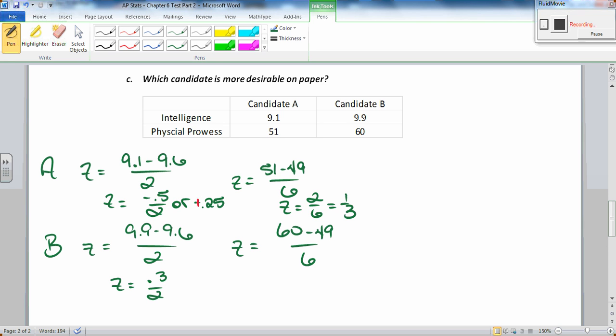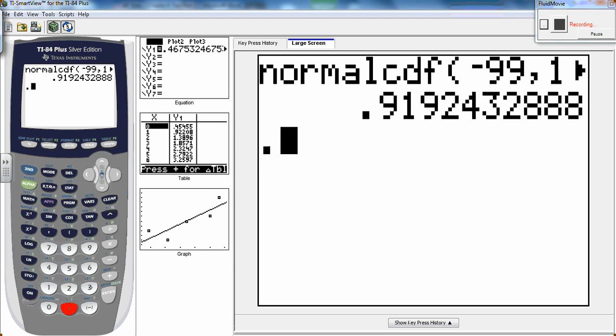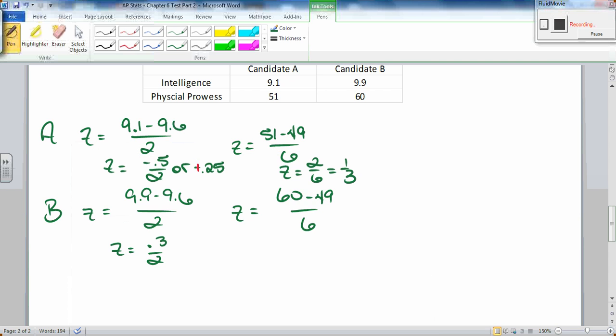So this should actually be a negative z-score of 0.3 divided by 2. Okay, this is actually a negative z-score of negative 0.15. Alright, now we need to calculate the z-score for their physical prowess.